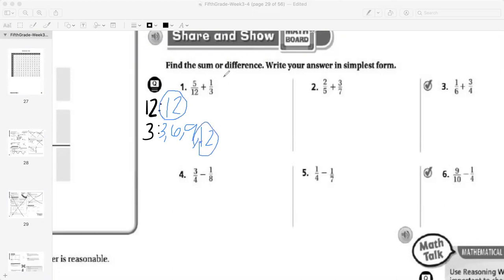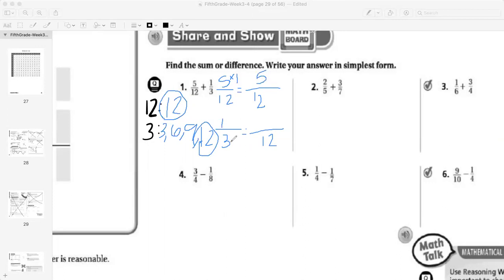So then you're going to do the same thing we've been doing. 5 over 12 and 1 over 3. And then we set this up with our new denominator being 12. 12 times what gets me 12? That's just 1. So I multiply by 1 on the top. I feel like you all are pretty much getting the hang of this by now.